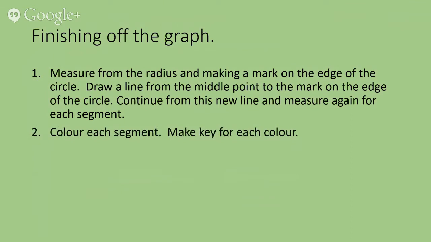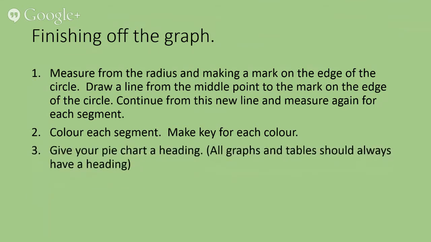You can then color each segment and make a key so that each color represents something different. And then finally give your pie chart a heading, which makes it a lot more sensible.